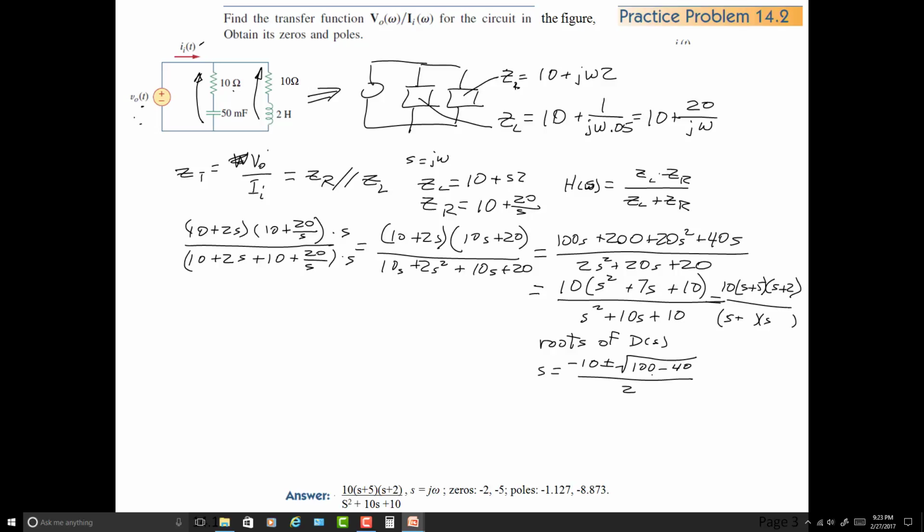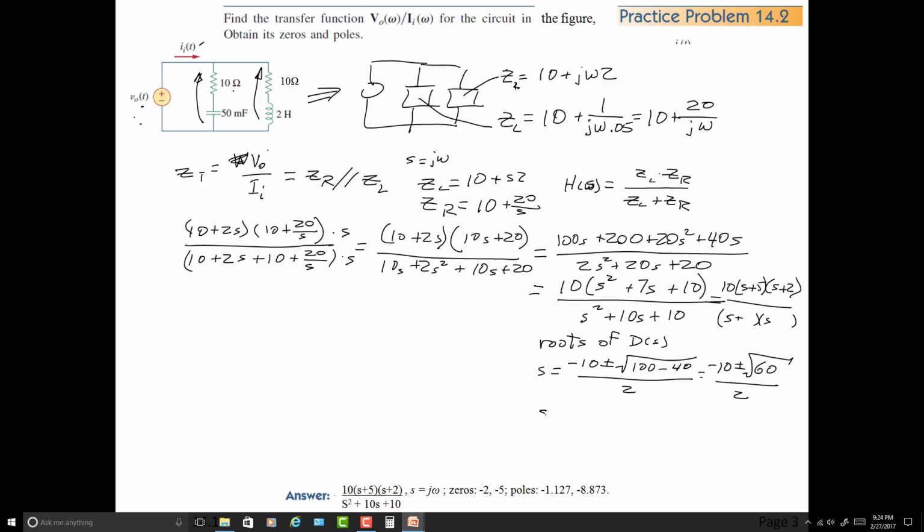All right, so this thing becomes obviously 60, so it's minus 10 plus and minus the square root of 60 over 2. Now we know from inspection that the square root of 60 is going to be less than 8. Not a lot, but somewhat less.